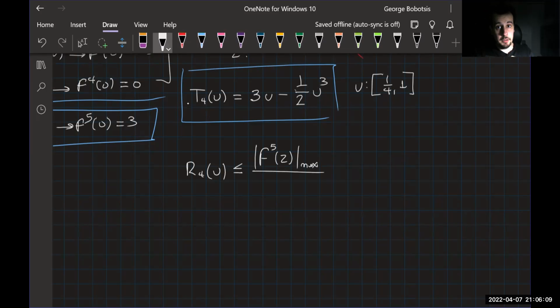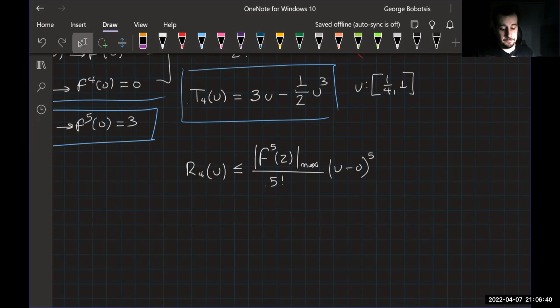And then we're dividing by n plus 1 factorial, which means 5 factorial in the denominator, and then multiplying here by x minus a being 0. And again, I don't know why I keep writing x. I need to stop that. It's u, okay? U minus 0. And the power here is going to be n plus 1, so 5.